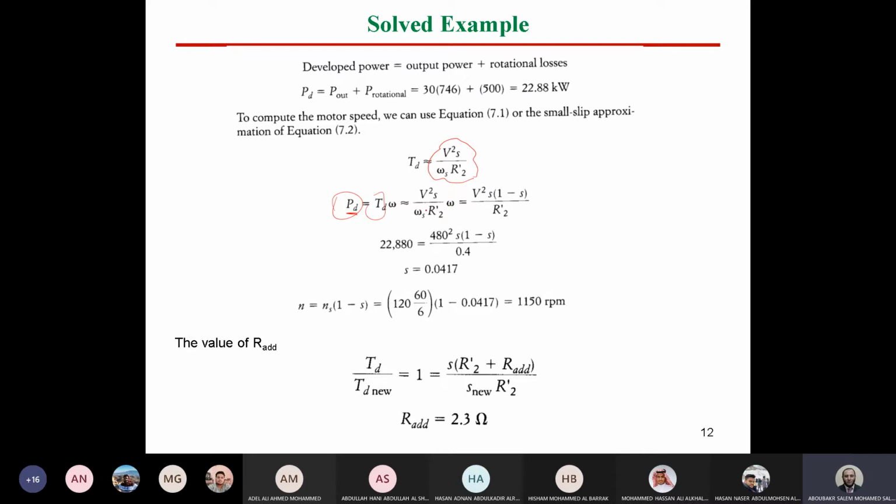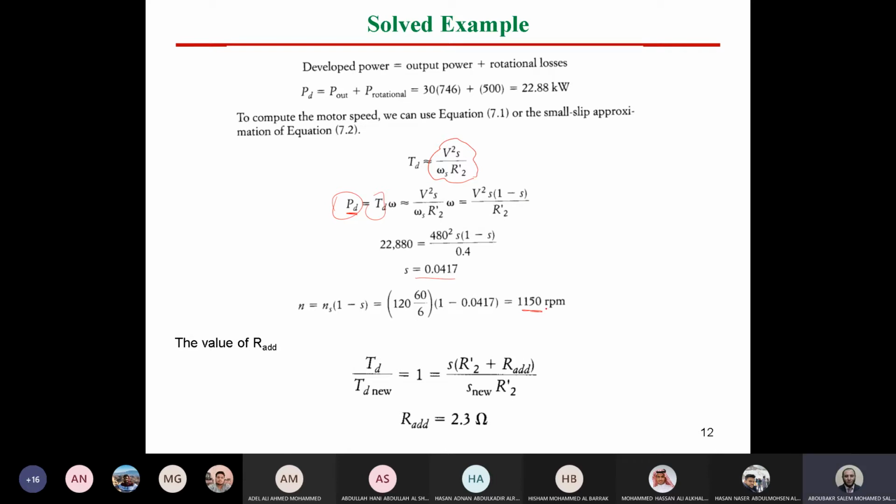Here we have omega and here we have omega S, so we can use the relation omega equals 1 minus S multiplied by omega S, and remove this from the equation and add only 1 minus S. So now you have power, which we already obtained, and you have V, and R2 prime is given, so the variable S will be obtained from here. This is S, so you can get the speed easily. This is now the motor speed.